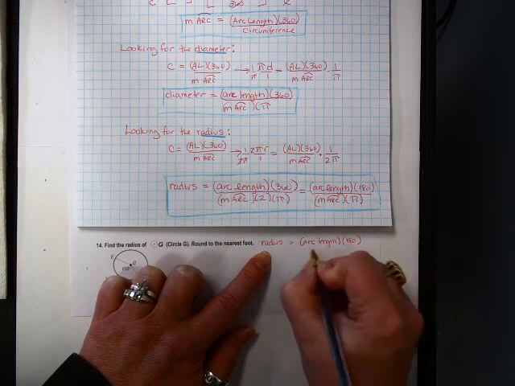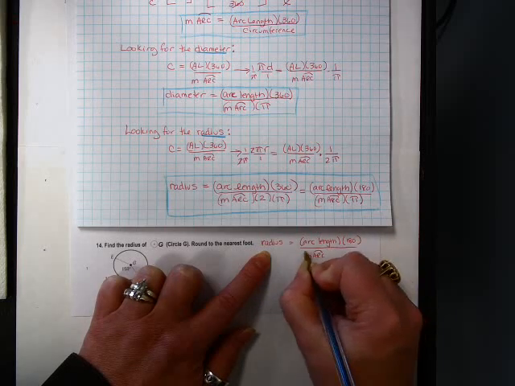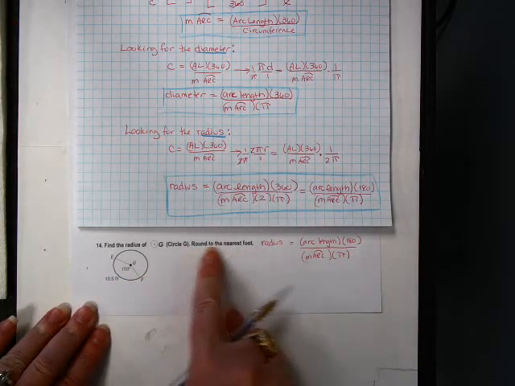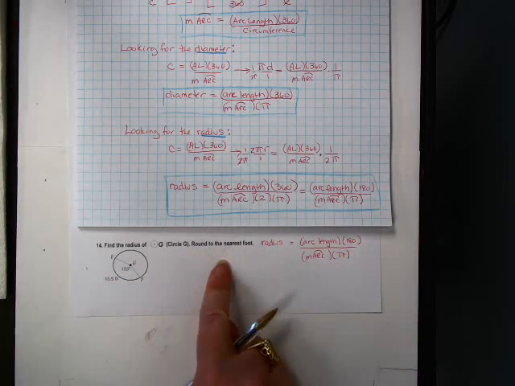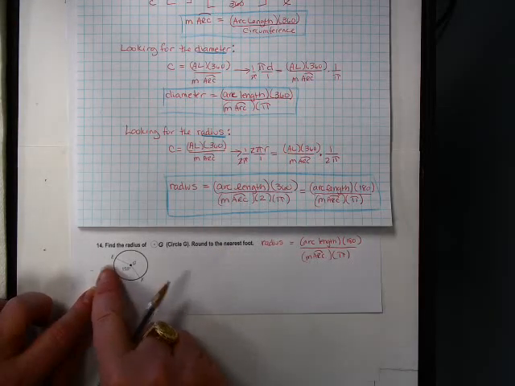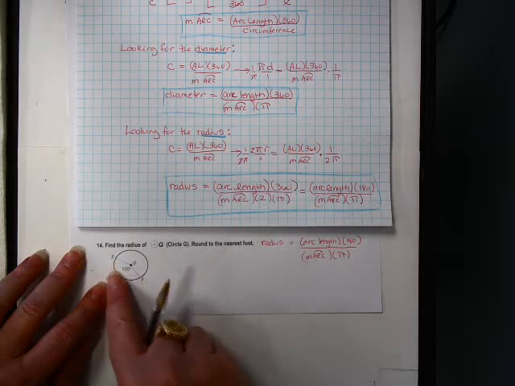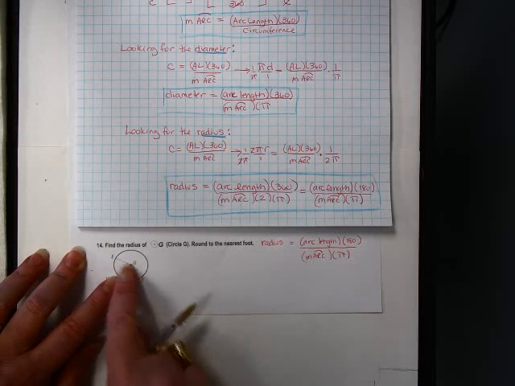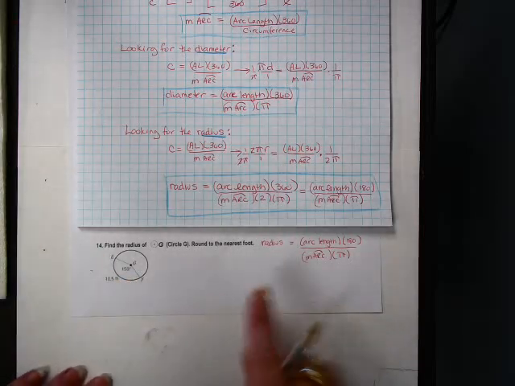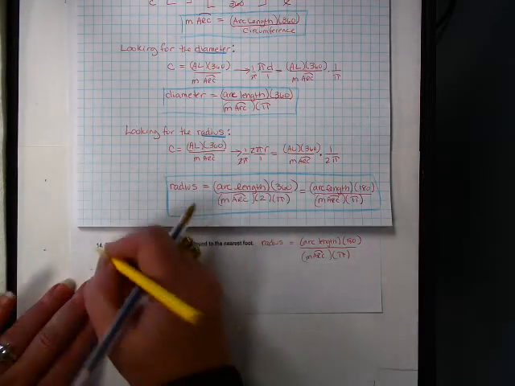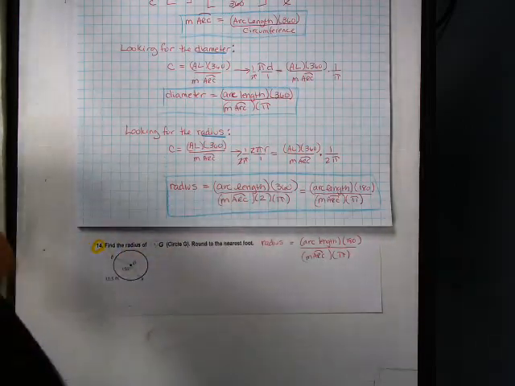Times 180 over the measure of the arc times pi. Okay, this one says round to the nearest foot. So you're going to be rounding on this one. So here you've got 10.5 feet, and that's this arc length here. You've got 150 degrees, which is the measure of the minor arc. So you can plug in what you know and make sure you round to the nearest foot. So you finish this up and you bring it into class.